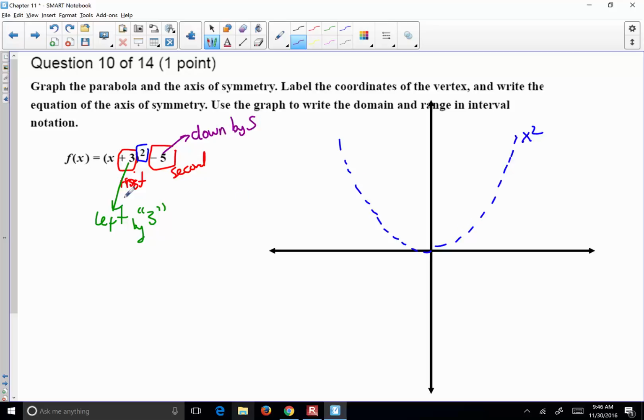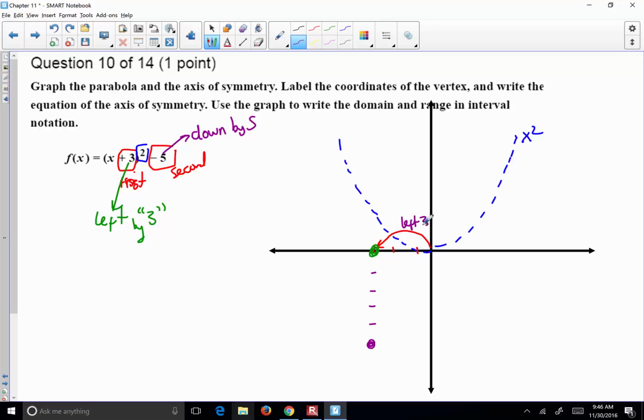So do what it says here. Left 3. 1, 2, 3. Move it here. And then down 5. So your seed first moves here and then goes down 5. 1, 2, 3, 4, 5.